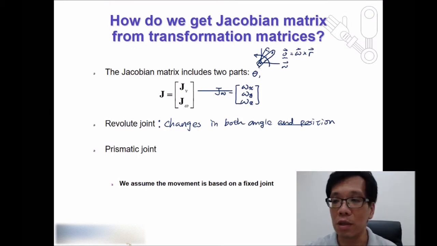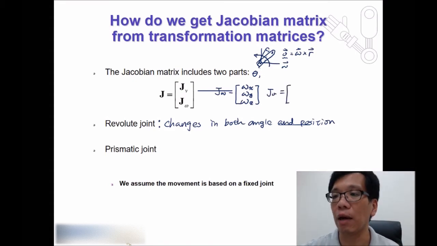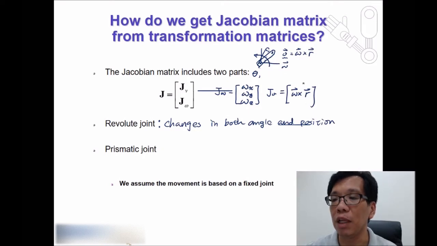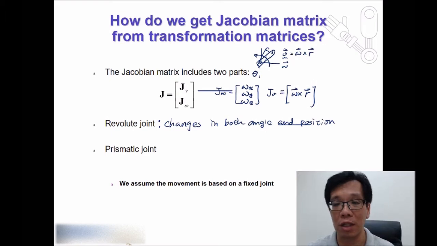When we are dealing with JV, this time we're talking about linear movement. So we would need to use omega cross product R. But keep in mind, you need to change this into three components in terms of x direction, y direction, and z direction.